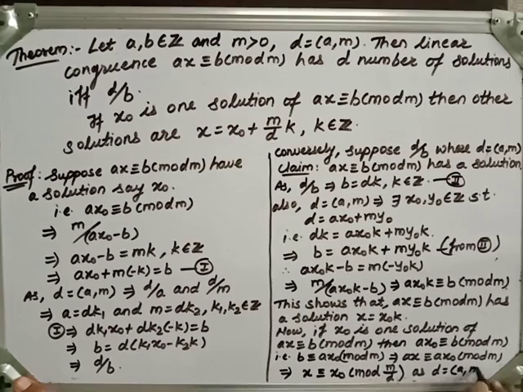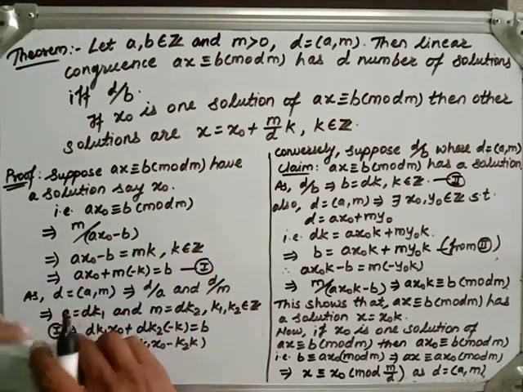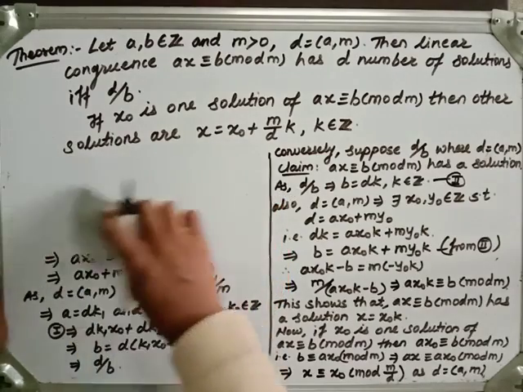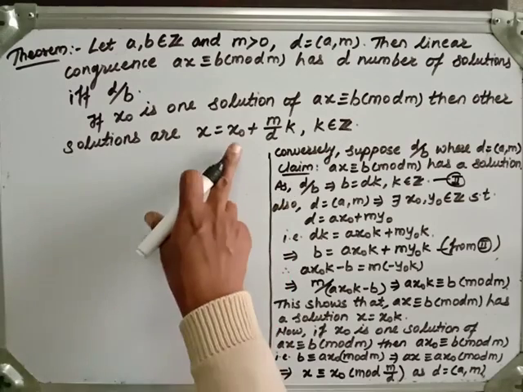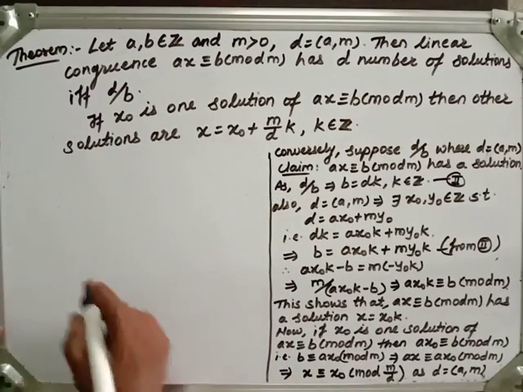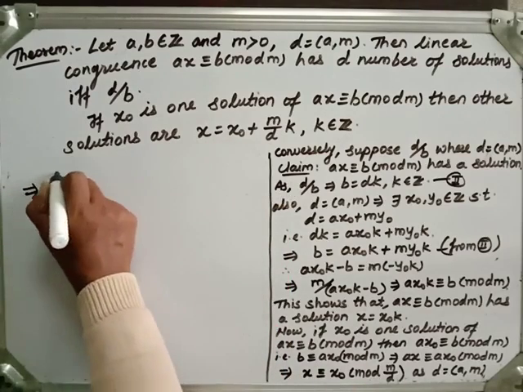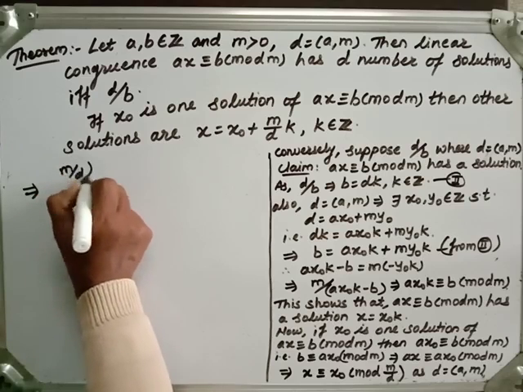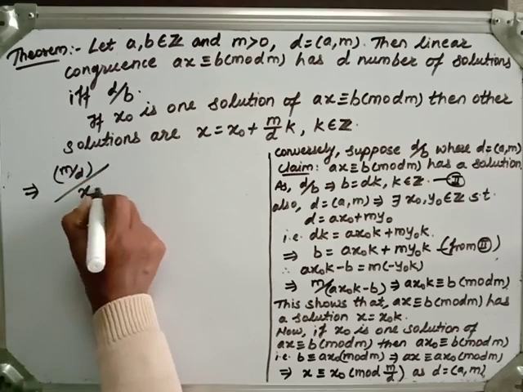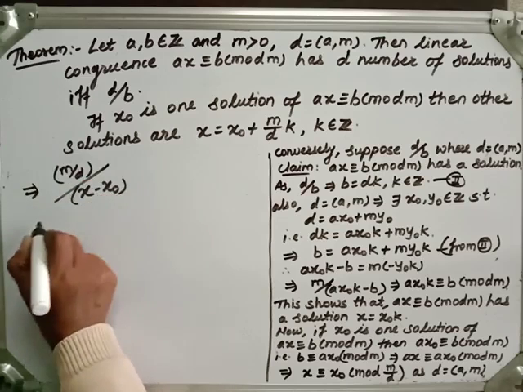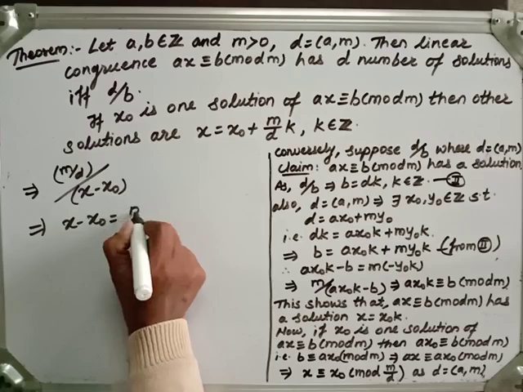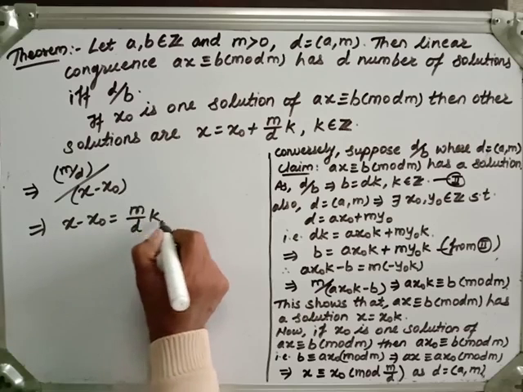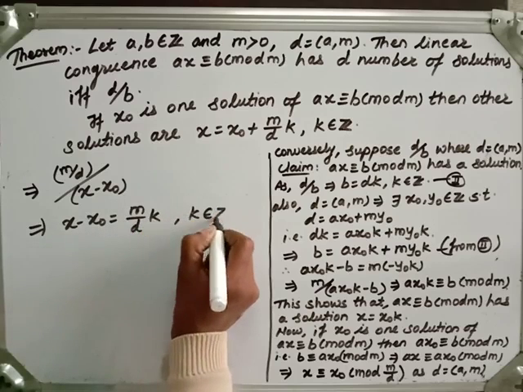Fine. Now from this, if we apply the definition of congruence and divisibility, we get the required part. So this says M by D divides x minus x naught. That is same as to say x minus x naught is equal to M by D times some K, where K is an integer.